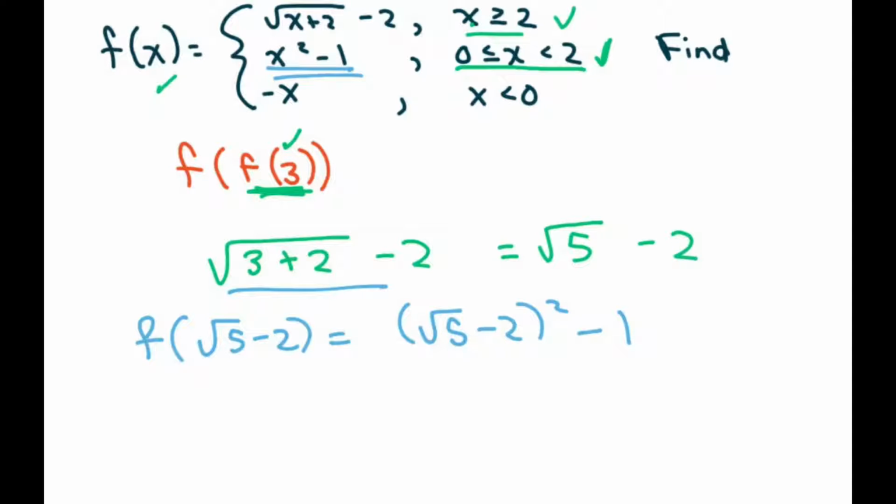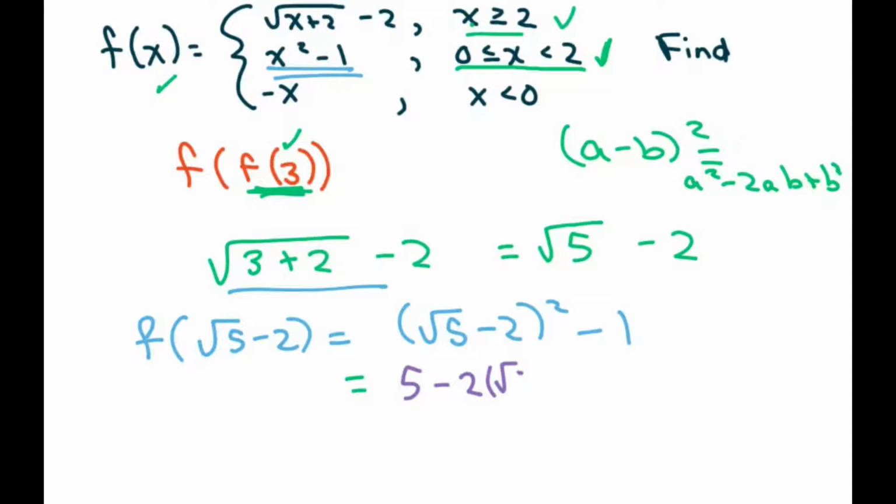Now we're going to use our (a minus b) squared formula, which equals a squared minus 2ab plus b squared. And that's going to equal my a, the square root of 5, you square it, you just get 5, minus 2 times the square root of 5 times 2.